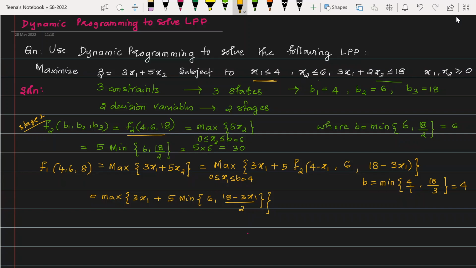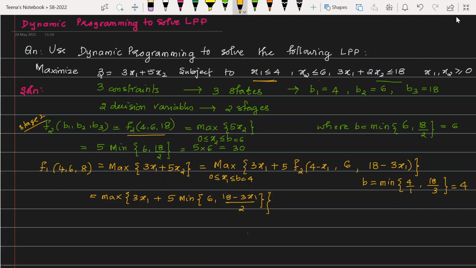From the previous stage f2, we know that f2 is written as 5 into minimum of 6 comma 18 by 2. Now here the expression f2 gets modified to 4 minus x1, 6, 18 minus 3x1.